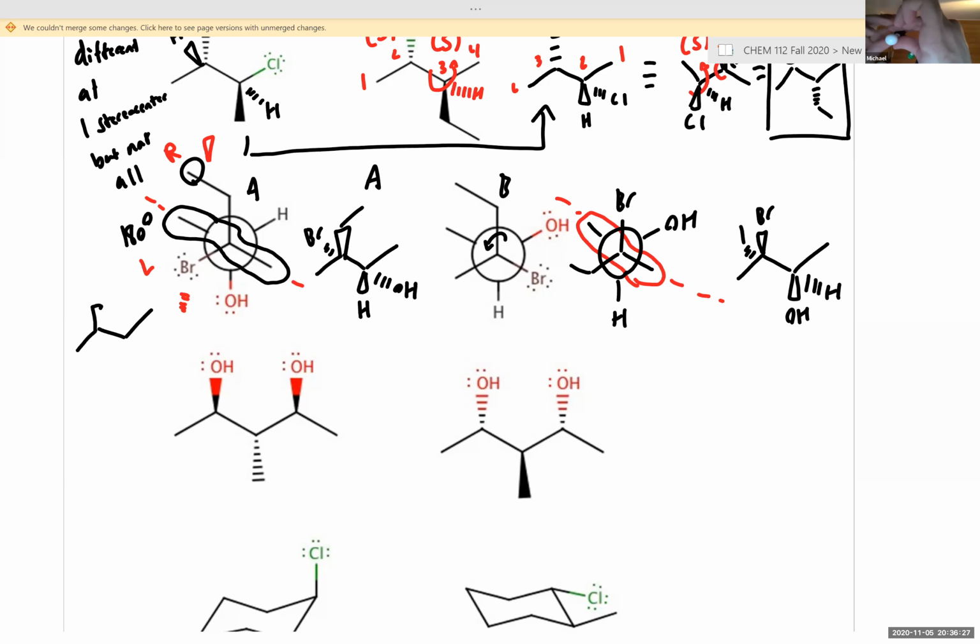Let's turn it the other way, just to avoid any issues and to make sure our atoms end up on the same side. Okay, there we go. So drawing our chain in the same manner, where is our bromine pointing? Is our bromine pointing towards us or away from us?